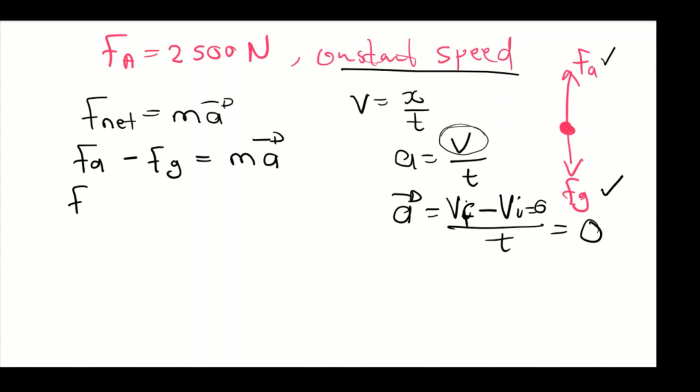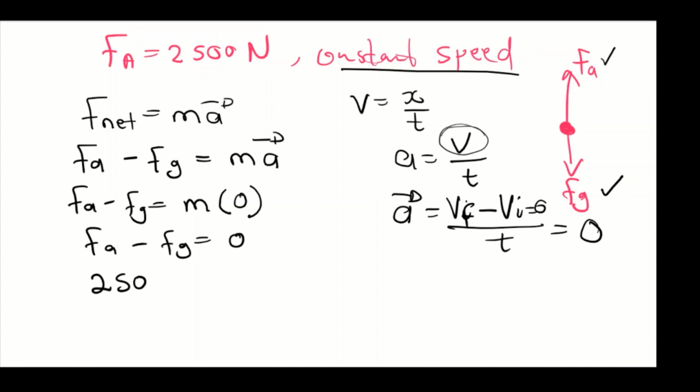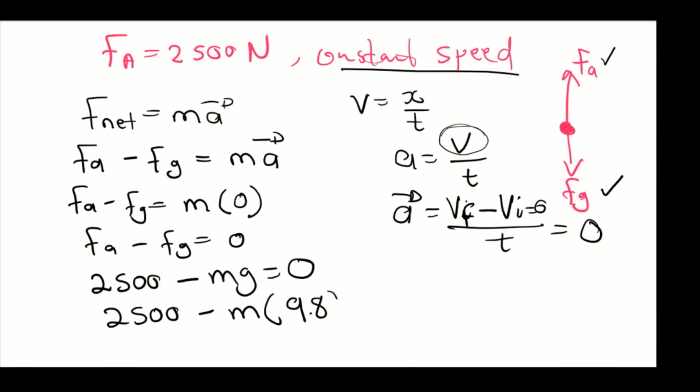So we have f of a minus f of g is equal to 0, and the force applied is 2,500 newtons minus f of g, which is mg, is equal to 0. We have 2,500 minus the mass, which we don't know, times g, which is 9.8, equated to 0.